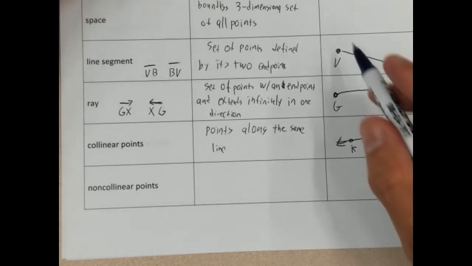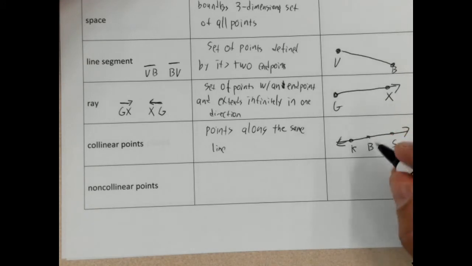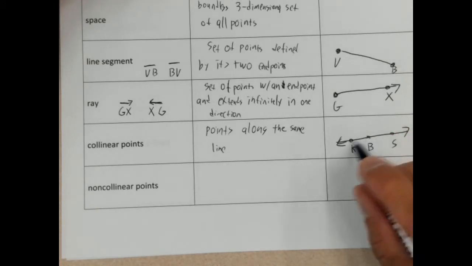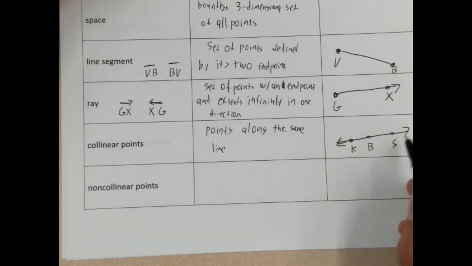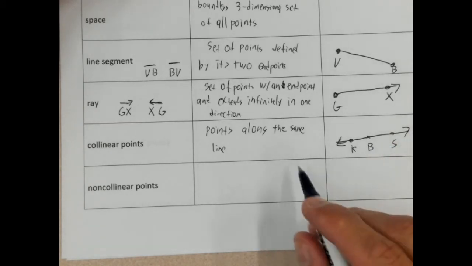And this is an example of what I just said. If you had two opposite rays, ray BS and ray BK, that would create line KS. There's a whole bunch of different ways to name this line, like KB, BS, SK, SB.